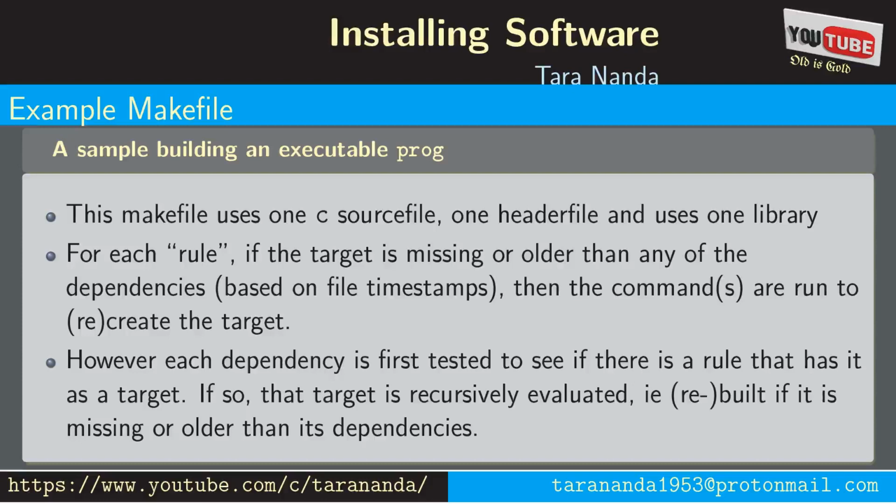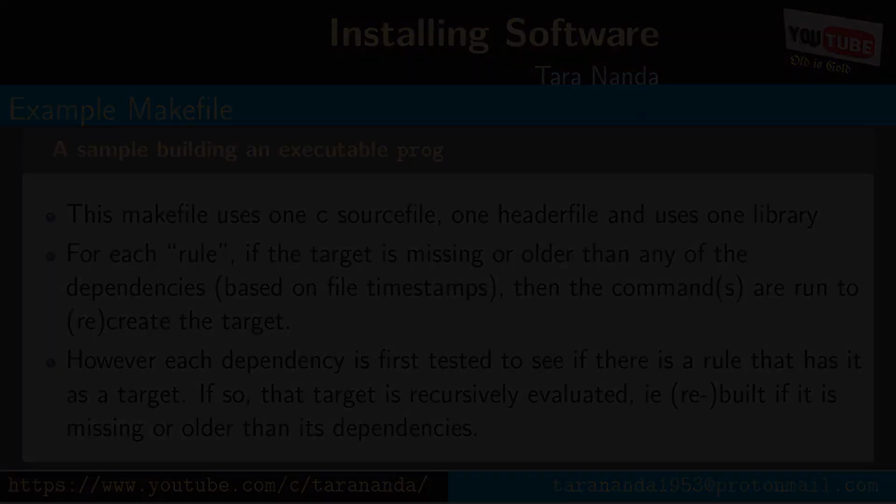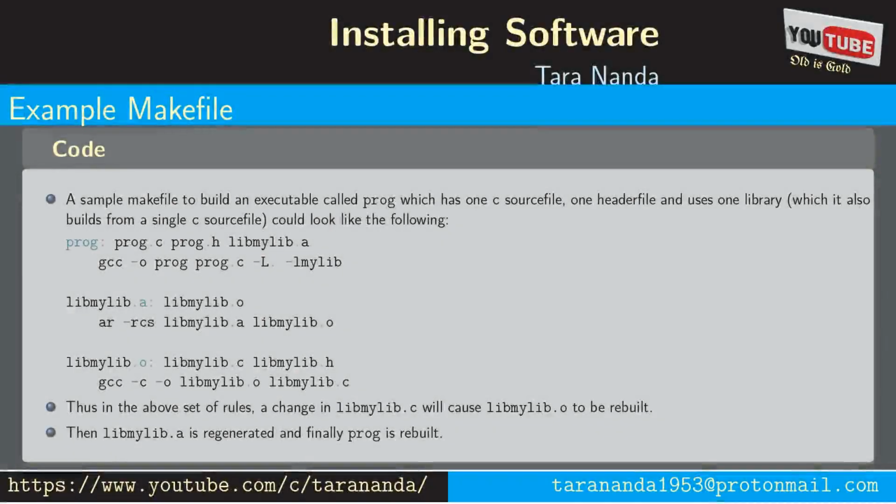However, each dependency is first tested to see if there is a rule that has it as a target. If so, that target is recursively evaluated, that is rebuilt, if it is missing or older than its dependencies. So let's have a look at a sample file.